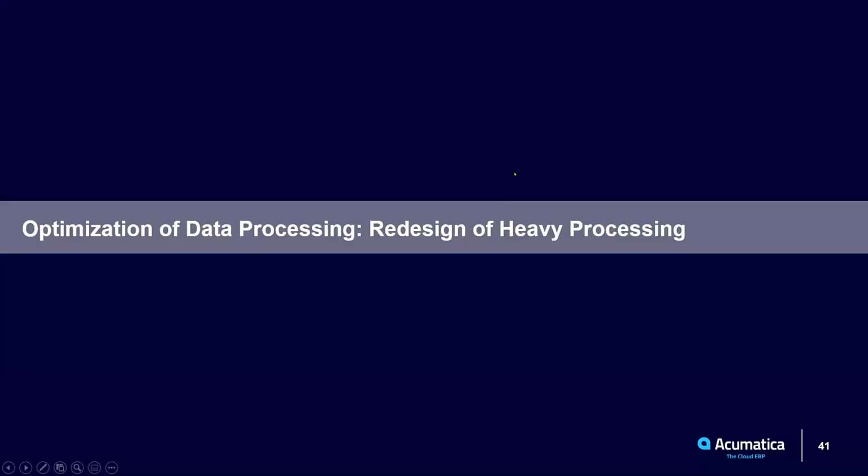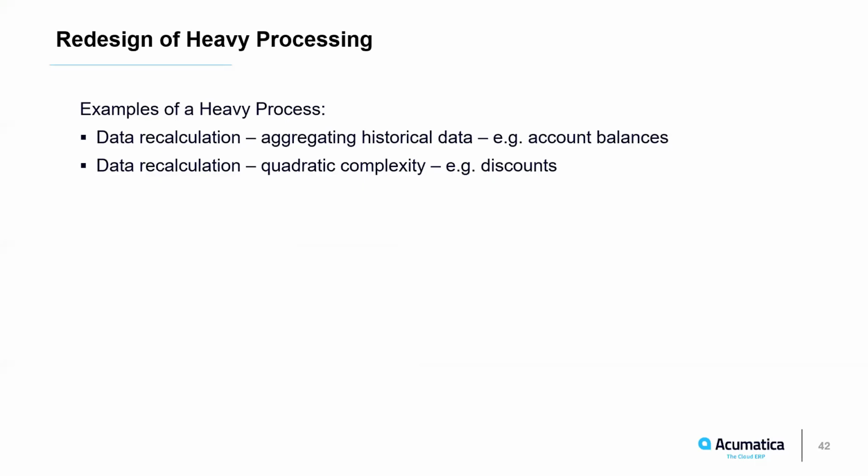Okay, so let's now talk about some processes that are just naturally heavy and slow. An example of a heavy process may be data recalculation. So let's say you want to recalculate the balance on your bank account. And to properly do that, you need to start from the beginning.